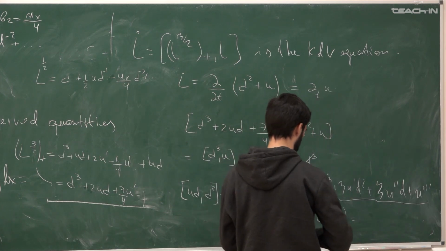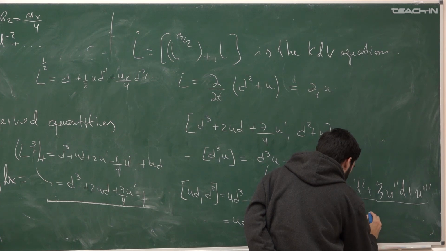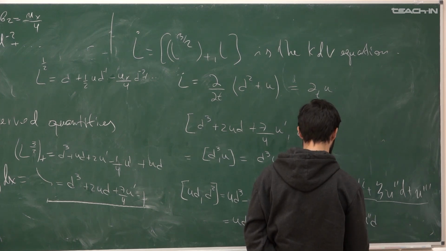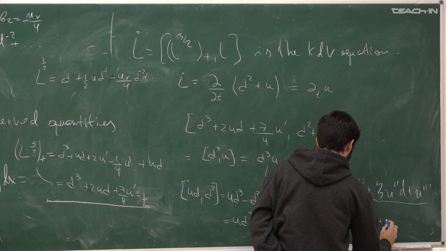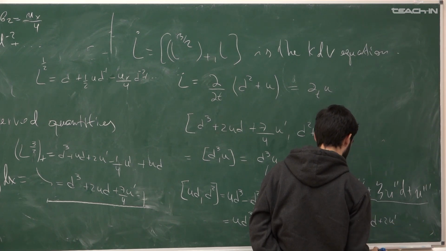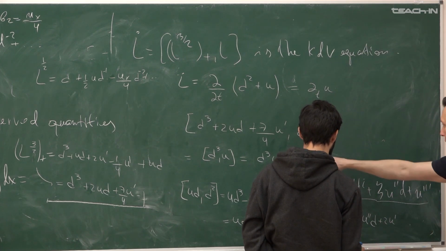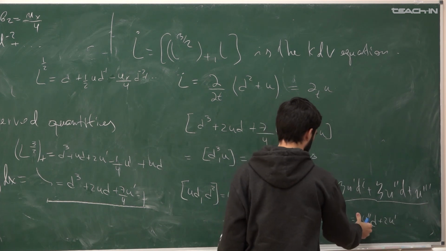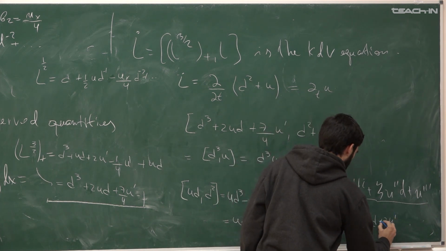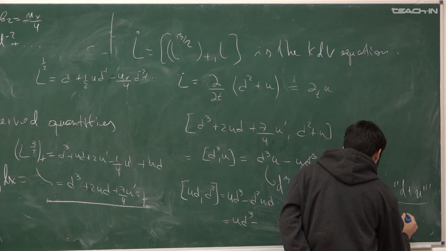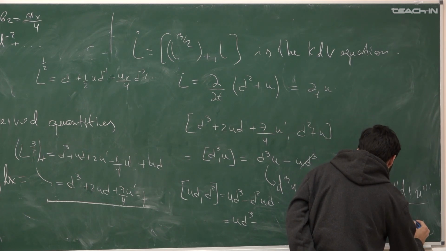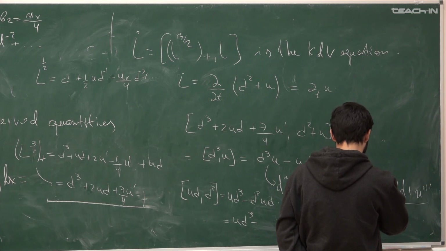Minus UXX D and 2UX. Here plus, but in the commutator it is minus. D squared. That's all.